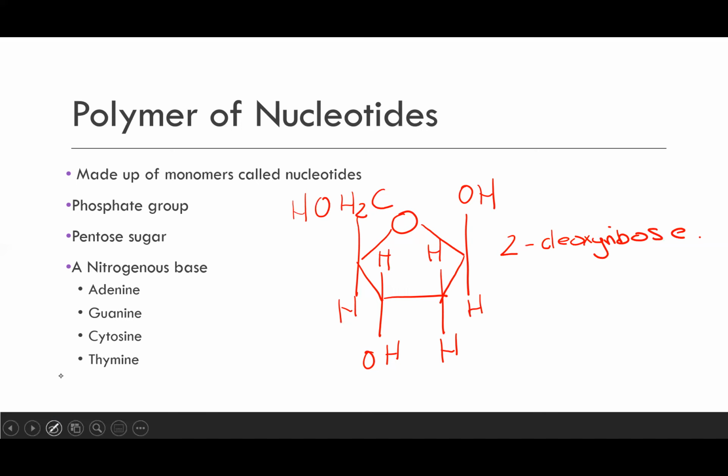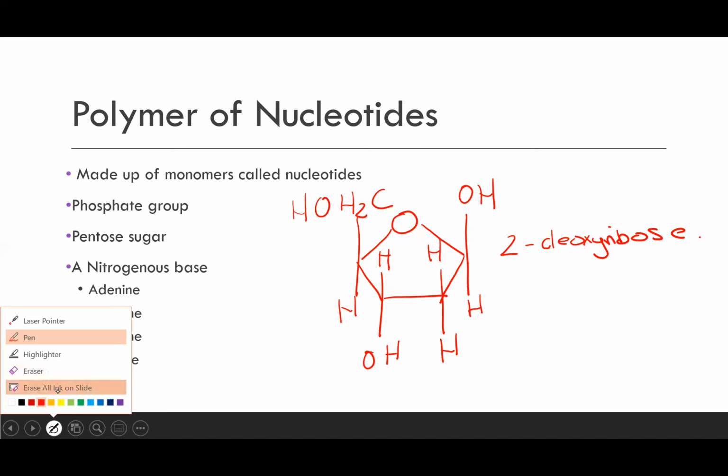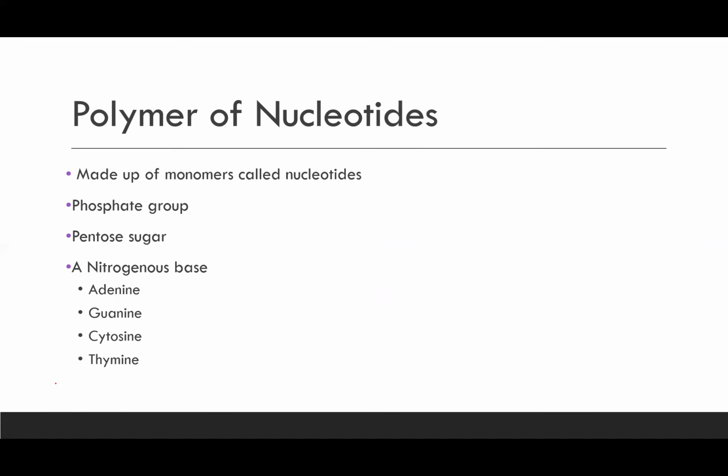And then finally, we have a nitrogenous base. So each nucleotide is made up of one of the 4 nitrogenous bases. And the nitrogenous bases consist of adenine, guanine, cytosine, and thymine. So if we have a quick look at them, if I draw out adenine for you, got our NH2 at the top.